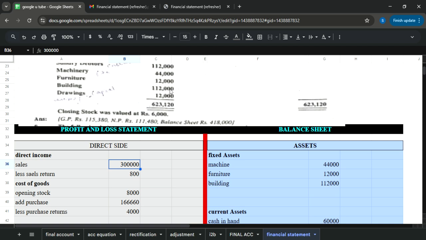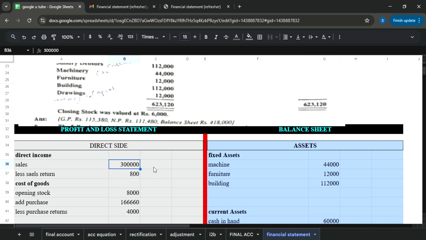Closing stock 6,000 is written outside the question. Now please note it down, whenever an amount is written outside the question, that amount would be placed 2 times. I am repeating, if any amount is written outside the question, that amount would be written and placed 2 times.